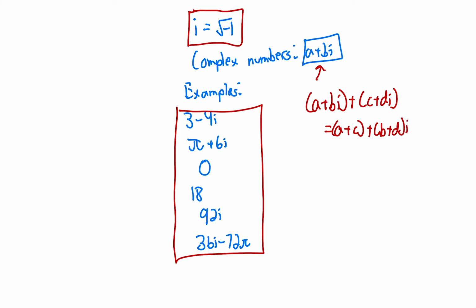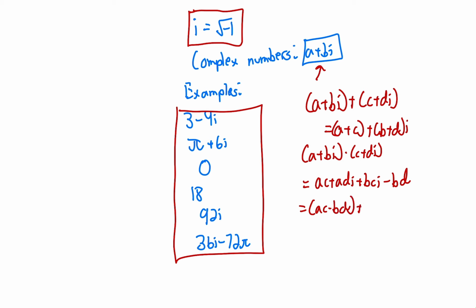In particular, if you add two complex numbers, you'll get another complex number. And what if you multiply them? Then you can just use the distributive property and expand, and you'll get this. So that's how you add and multiply complex numbers.